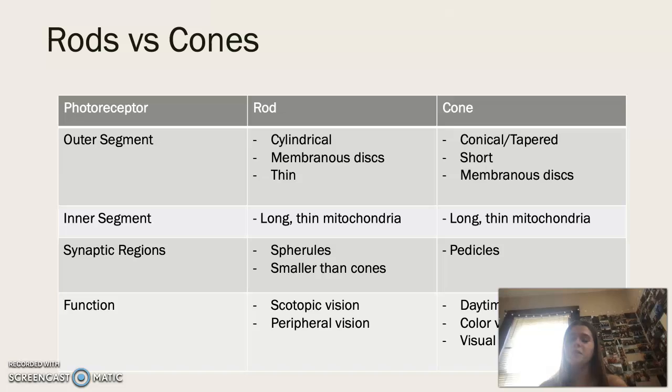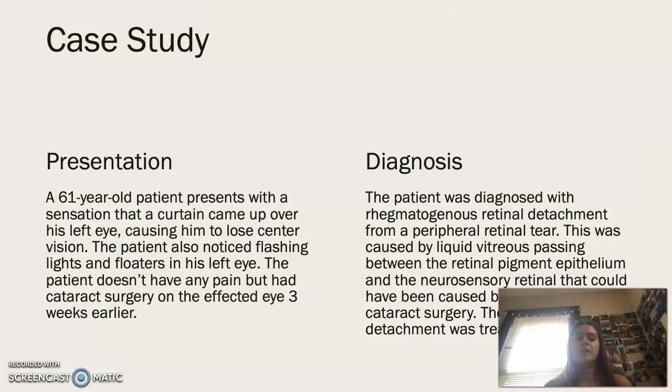Now, from all this we've learned about rods and cones, the layers of the retina, the structures and the functions of different photoreceptors, we can now take a look at a case study which really helps bring this all together. So in this case study, we have a 61-year-old patient come to the doctor's office. He presents with a sensation that a curtain came up over his left eye, causing him to lose center vision.